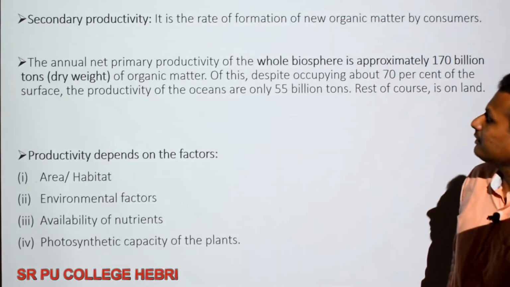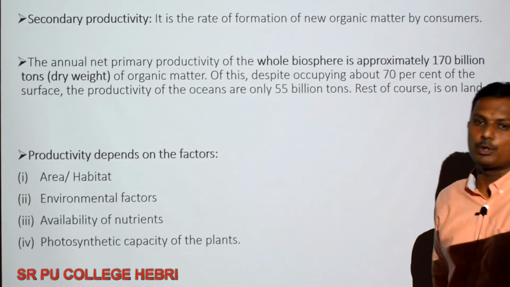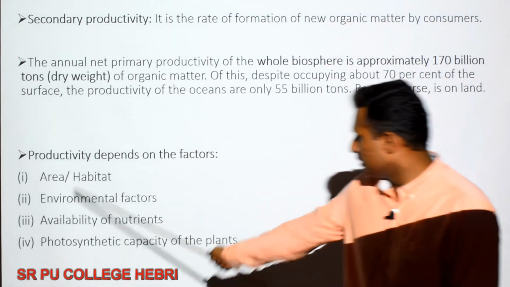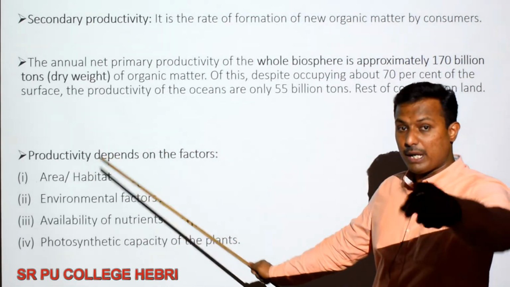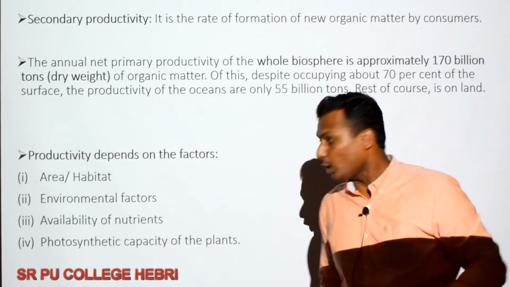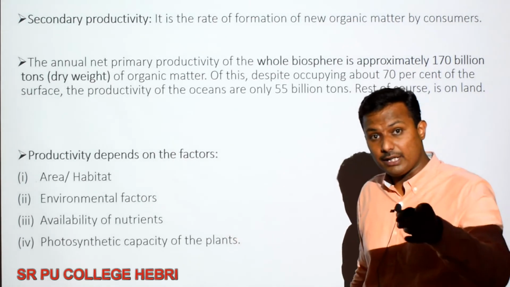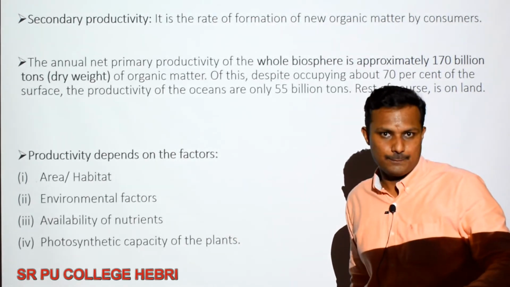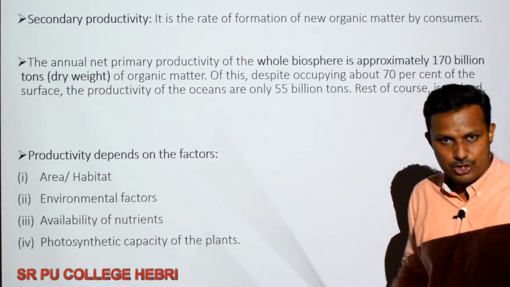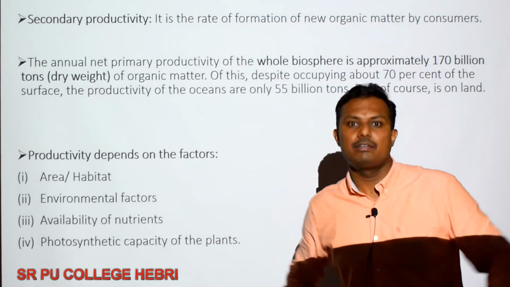So what are the factors the productivity depends upon? Basically the primary productivity, because secondary productivity will be interdependent on primary productivity. So we are talking about the factors affecting the primary productivity. What are those? The area or habitat in which the plant is surviving, right?